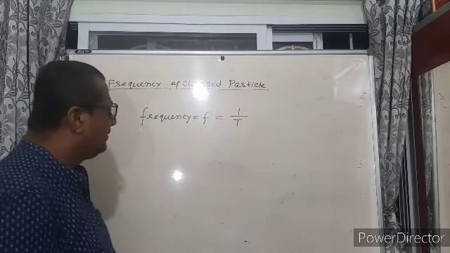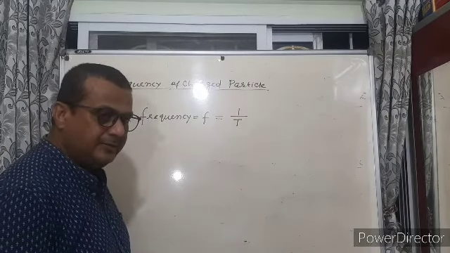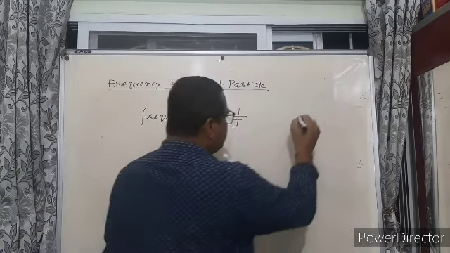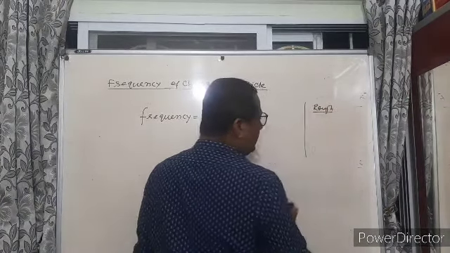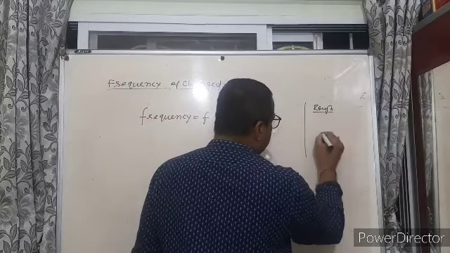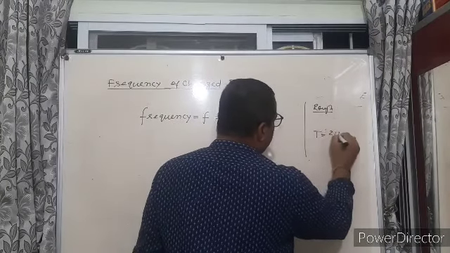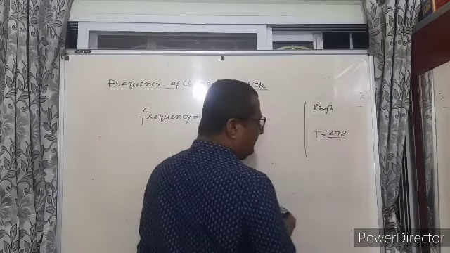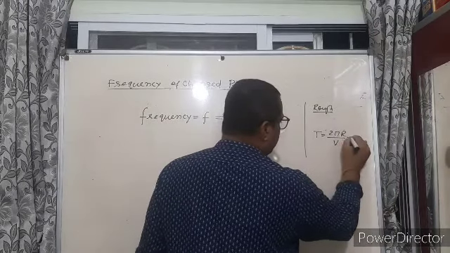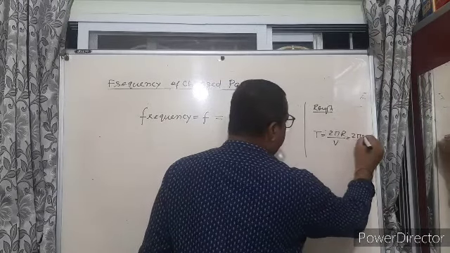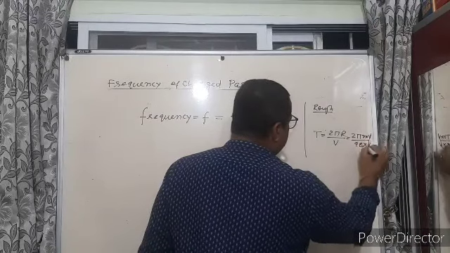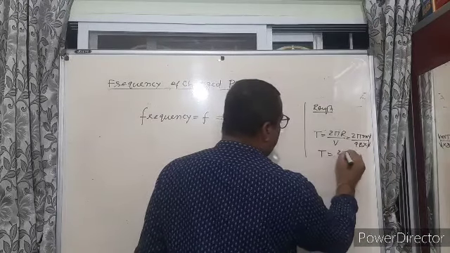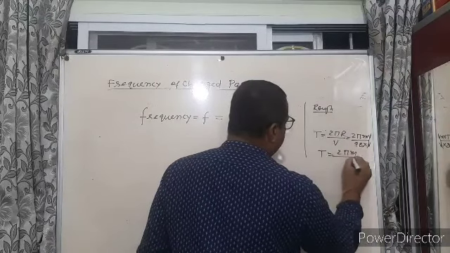Just now we calculated the time period. That was time period is 2 pi r by v, and this will be equal to mv by qb. V is cancelled. So time period equal to 2 pi m by qb.